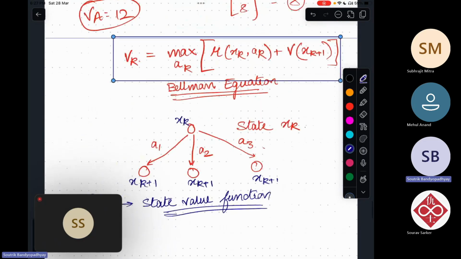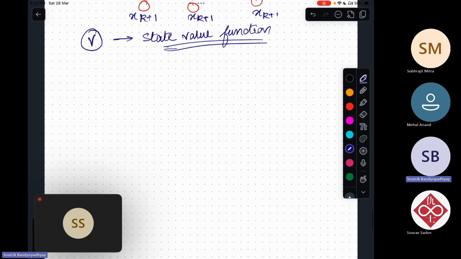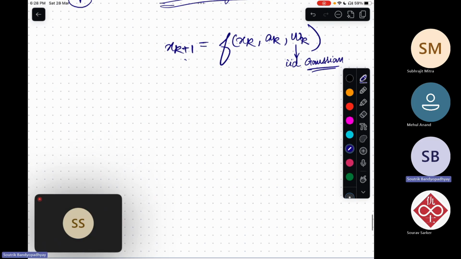Now, here lies the xk plus 1. If we recall, xk plus 1 is nothing but some function of xk, uk or ak here, and some disturbance. Oftentimes this is considered to be IID Gaussian, independent, identically distributed Gaussian. Oftentimes it is the case, but we may or may not know that.